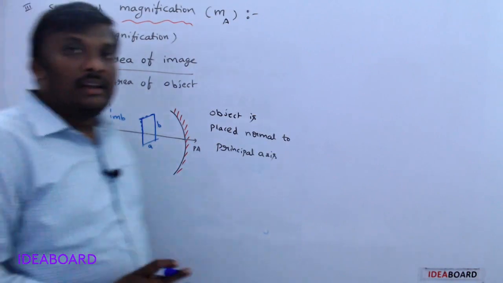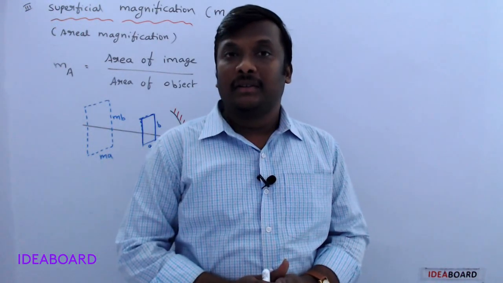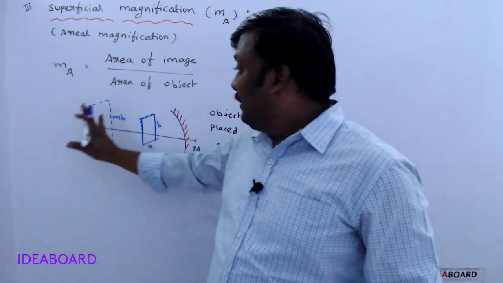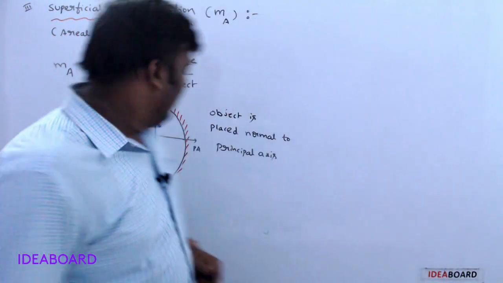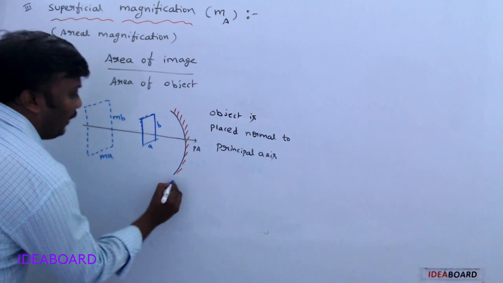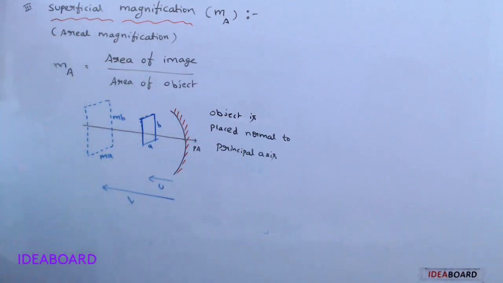Virtual or real is based on the position of the object from the mirror, so we can't say it is virtual. For understanding purposes only, I draw it like this. This is taken as the object, and this is taken as the image.